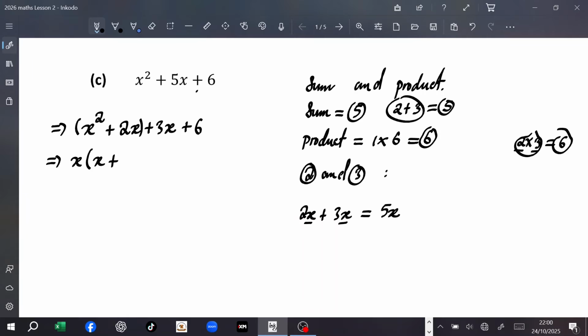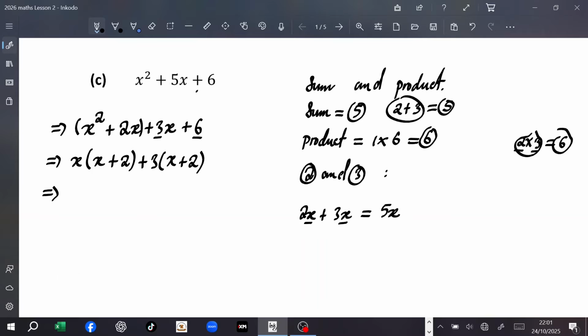Here the x already came out, so we'll remain with a 2. So we'll say 2, close brackets, then we'll say plus. Then here you realize that only 3 is common. It can go into itself and also into 6. So say 3, then open brackets, here we'll remain with x plus 3 can go into 6 two times. Then we can close. Then we can say okay, equals.